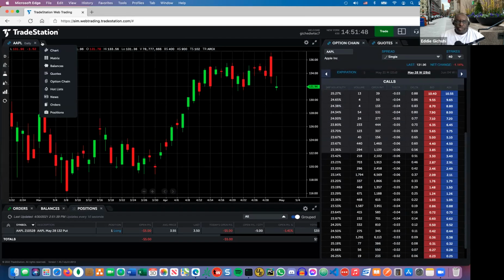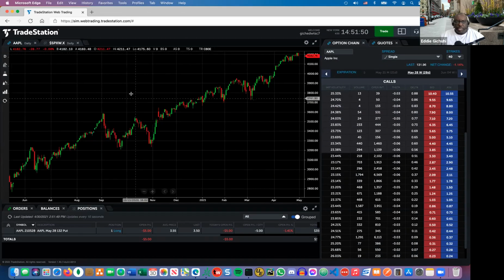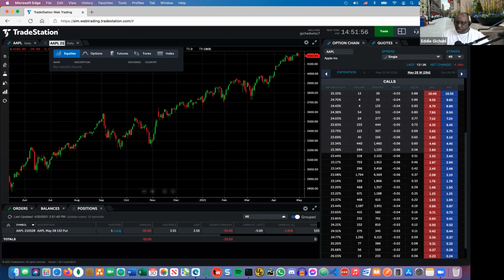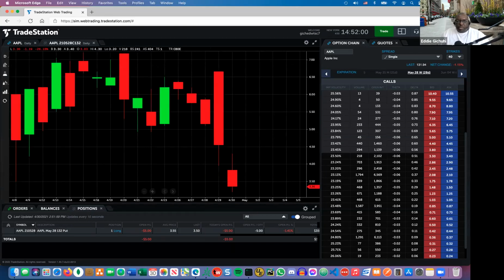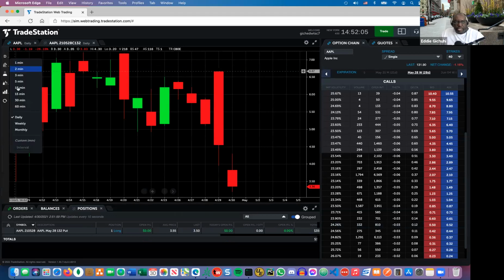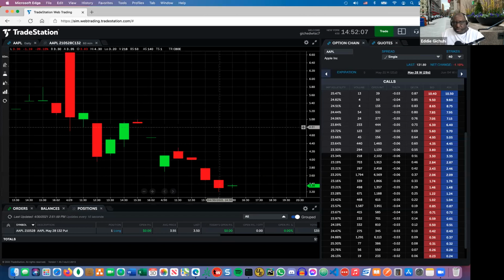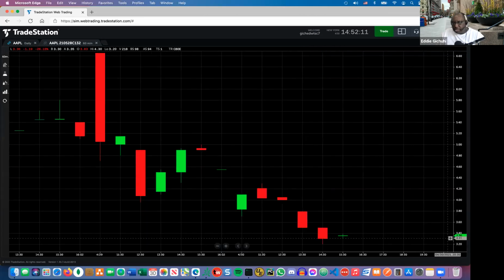I'm going to bring up a new tab and the chart for Apple, 210528, call 132. And I see that it has actually dropped as low as $3.36.